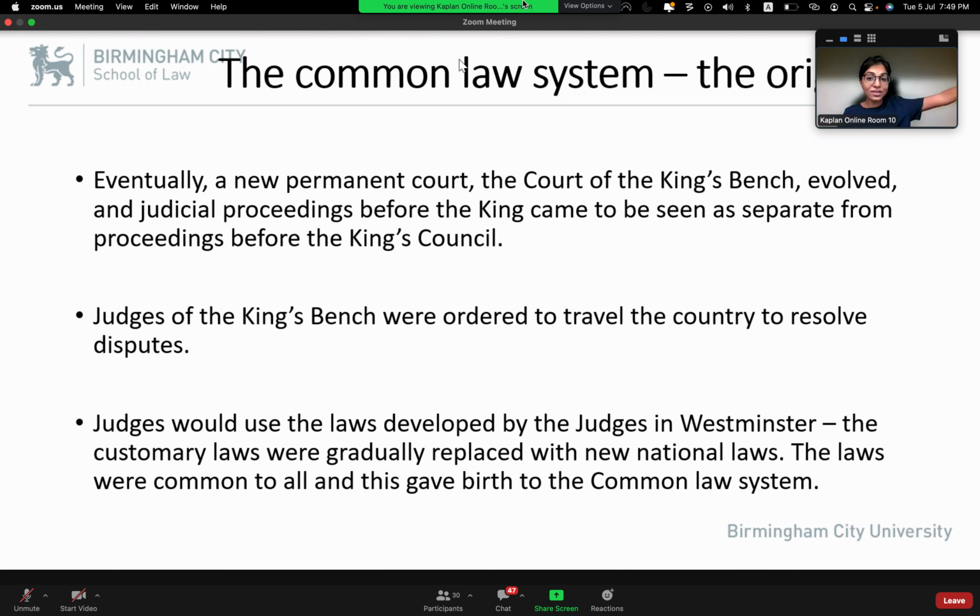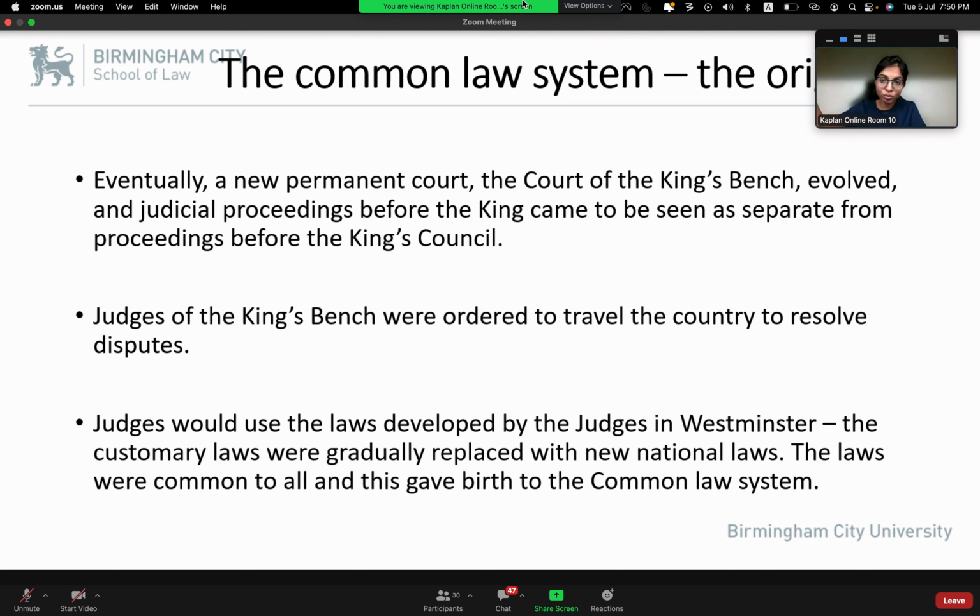But the court system was a separate court where he used to travel and apply the laws. Okay? So, like I said, the judges were ordered to travel around. So it came to a point where the king said, I'll just be in the king's council. I'm not going to be part of the court. Let all these judges travel around. So a system was being created.